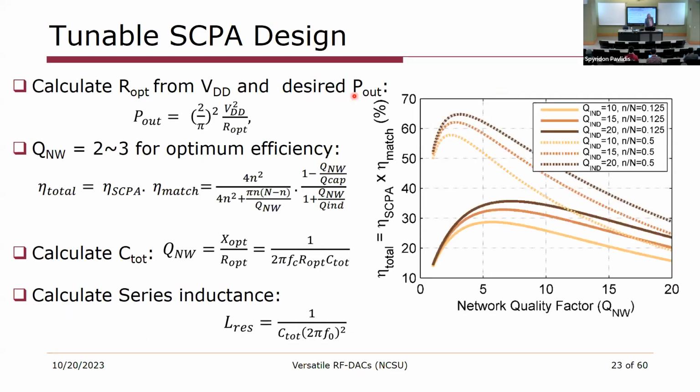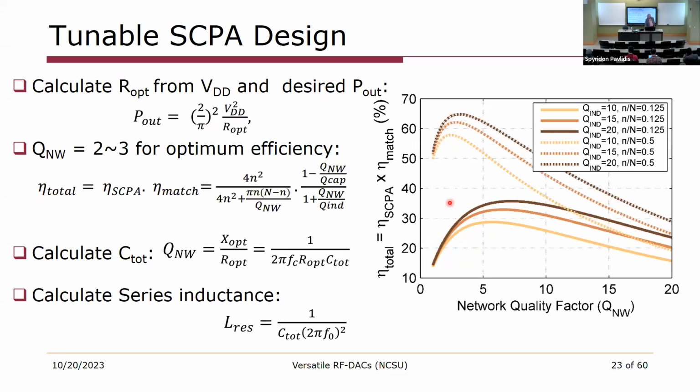So how do we do this tunable SCPA design? We're going to calculate R opt from our supply voltage and our power output requirement. We have an equation that tells us what the optimum termination needs to be.